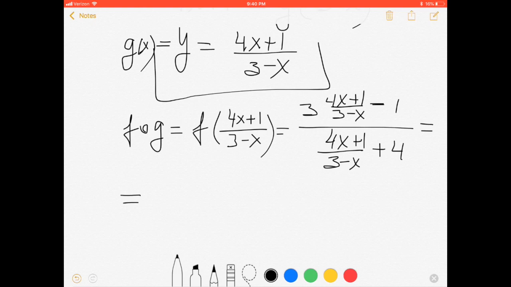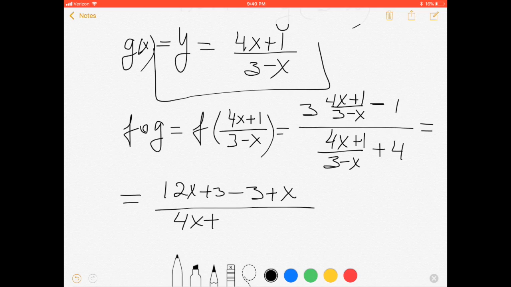Doing the algebra, what do we have here? We have 12x plus 3 minus 3 plus x, over 4x plus 1 plus 12 minus 4x.